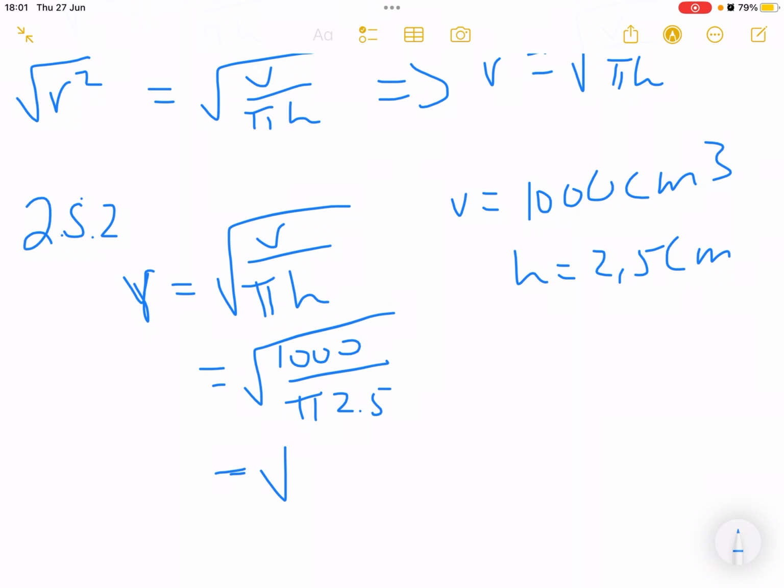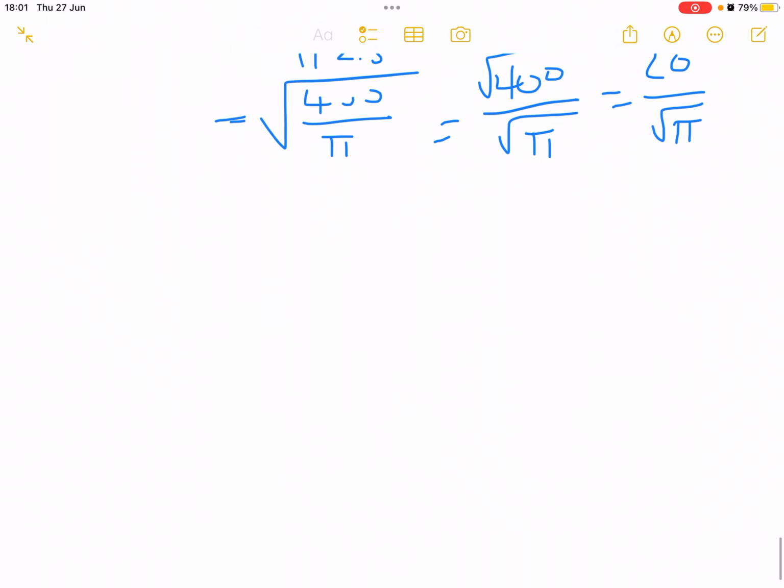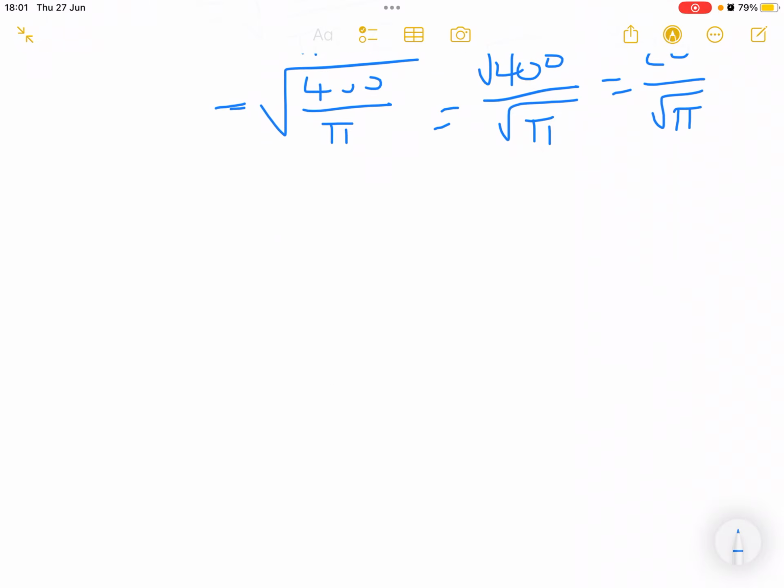Then you get the square root of 400 over pi. This is equal to square root of 400 over square root of pi, which is equal to 20 over square root of pi.